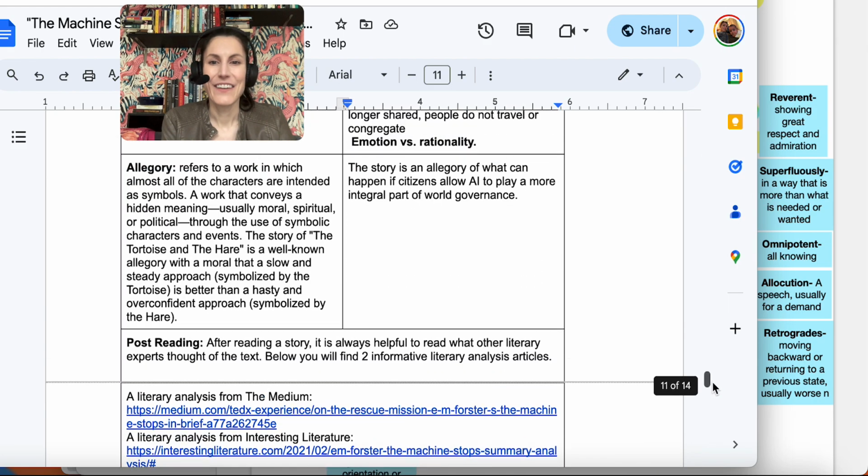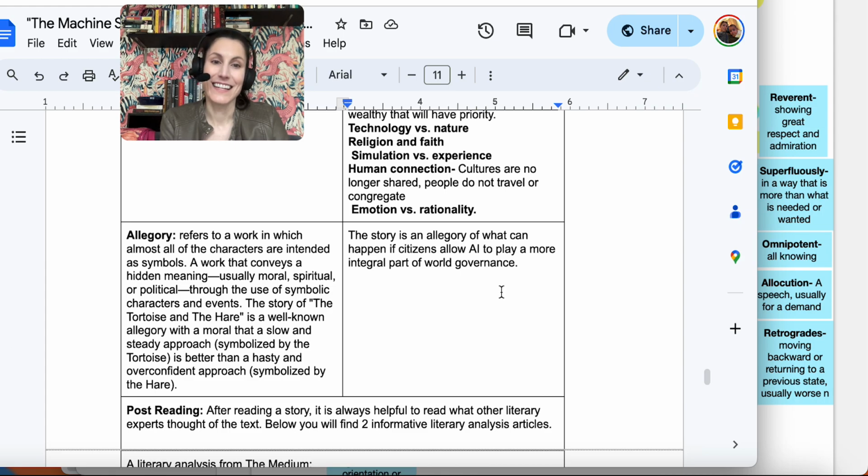All right, and then for the allegory, this story is an allegory of what can happen if citizens allow AI to play a more integral part of world governance.